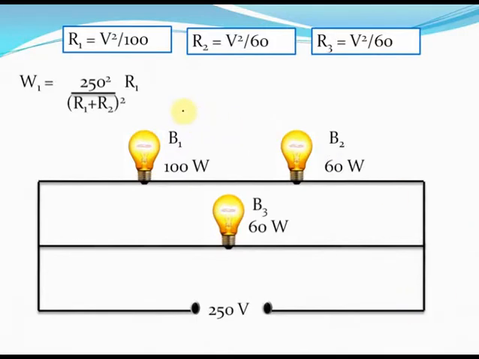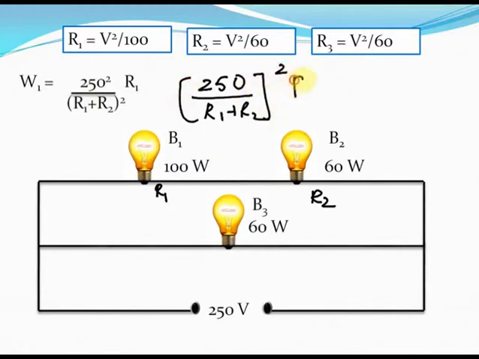The current passing through B1 will be 250, the net potential difference, divided by R1 plus R2, isn't it? If this is R1 and this is R2. And therefore, the net power consumed by B1 will be the current square into R1, that is I square into R1. So that is what I have written here. This is the value of W1, the power consumed by the bulb B1.